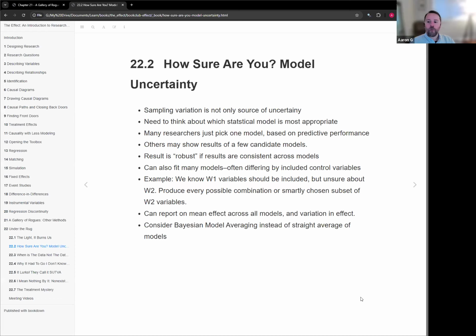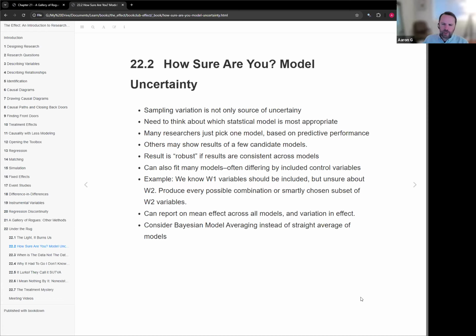Maybe we know there's a set of variables W1 that should be included in your model, but then there's another set, W2, that we're not sure about. So if there aren't a ton of these uncertain variables, you could just run every single combination with and without.